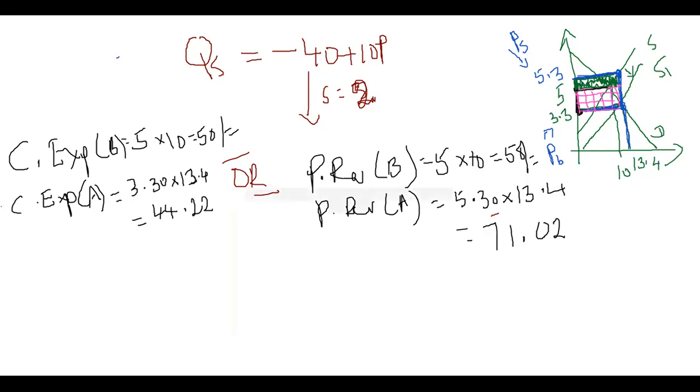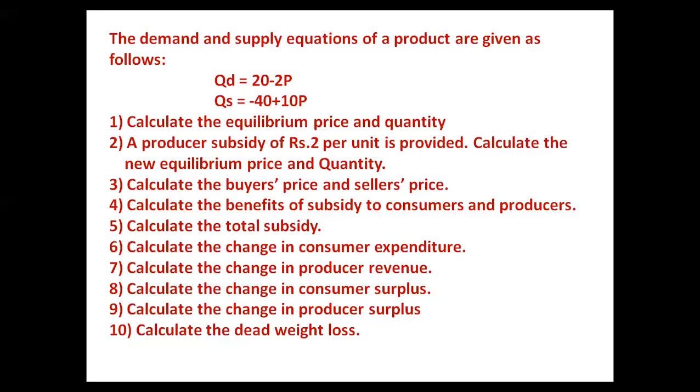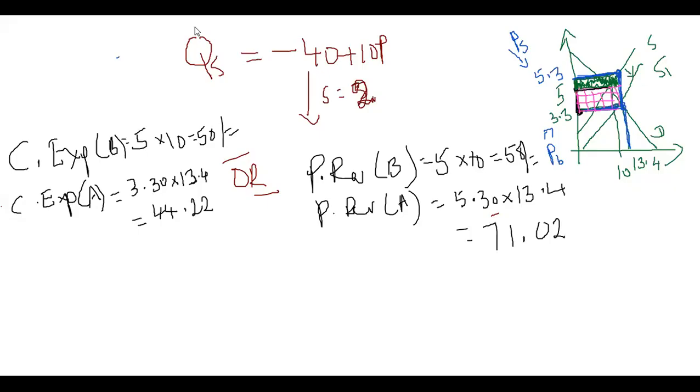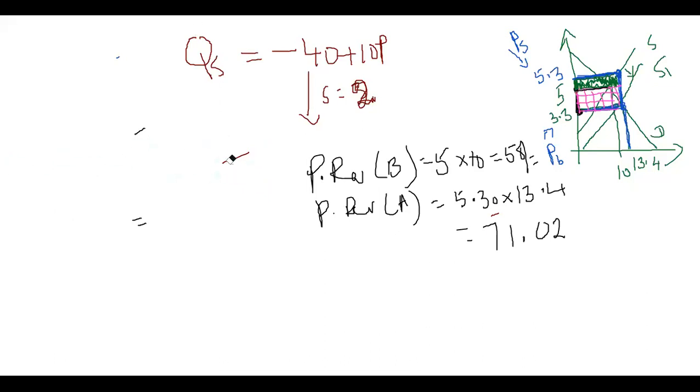Then see the next question. Change in consumer surplus. Consumer surplus change you have to calculate now. Consumer surplus and producer surplus are a very, very important area. Consumer surplus before, I normally do with a very simple equation as Q into delta P over 2.